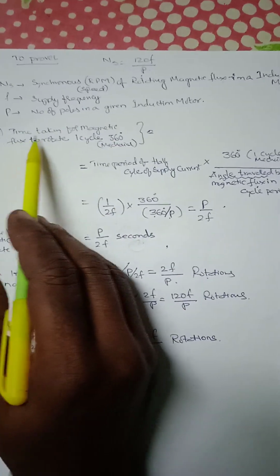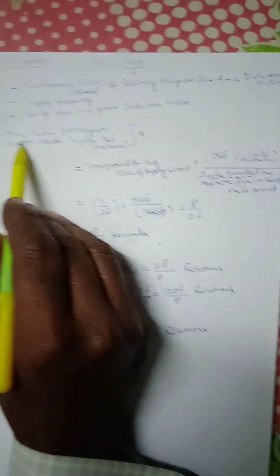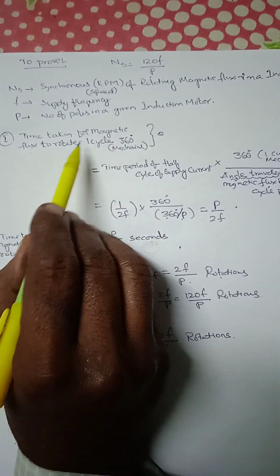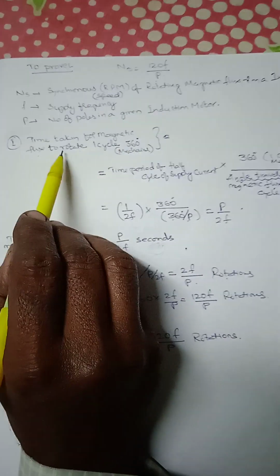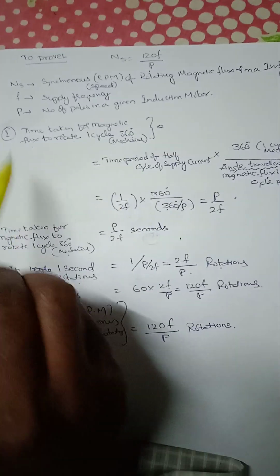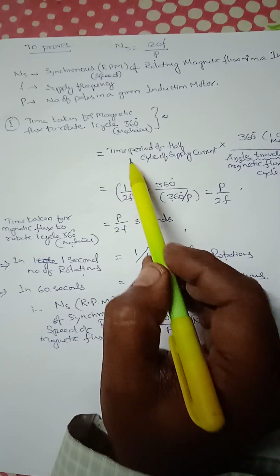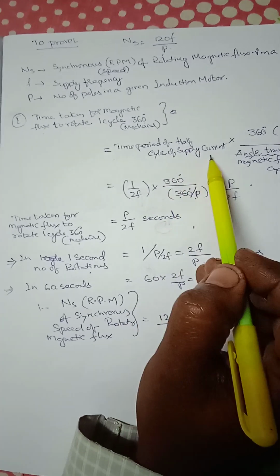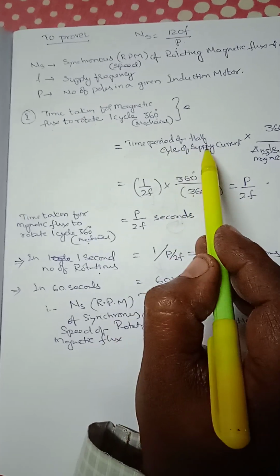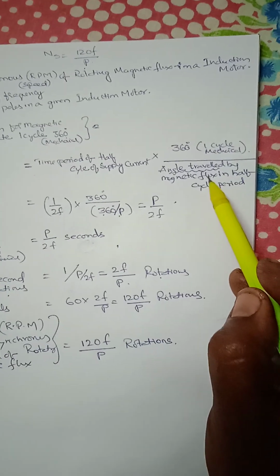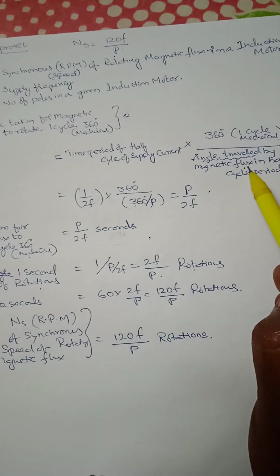Coming to the main topic, the time taken for the magnetic flux, that is one pole, to complete one rotation of 360 degrees is equal to the time period of a half cycle of supply current multiplied by 360 degrees divided by the angle traveled in that half cycle.